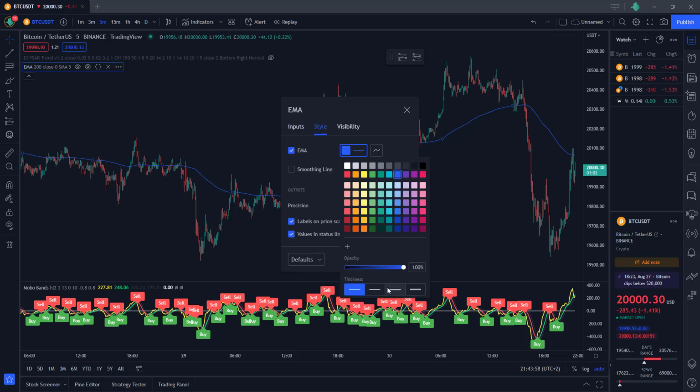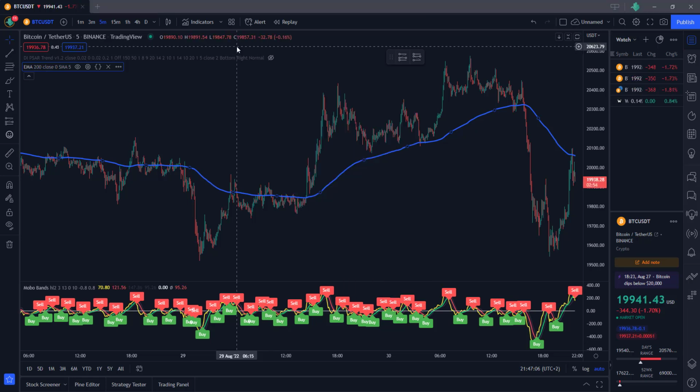Add the thickness, have a nice thick line. Alright, so with the small adjustments of the EMA 9 turning into an EMA 200 and adjusting the thickness of the line, now let's dive in how you actually trade this strategy. First off, I'm going to explain the long position, and afterwards I'm going to explain the short position. Let's dive right into the long position.